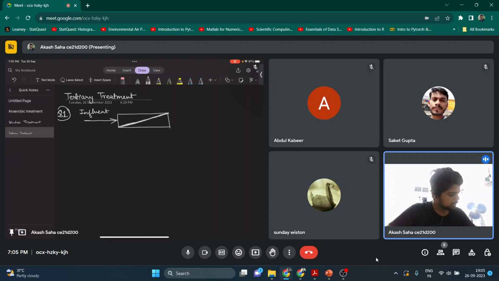Some part will go as retentate, because it will come out as it is. It will not go through the membrane. Some part will come out as retentate, and some will come out as permeate. So this is the main schematic of any membrane.